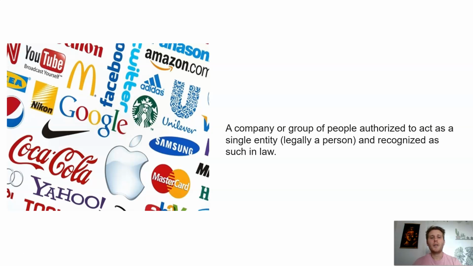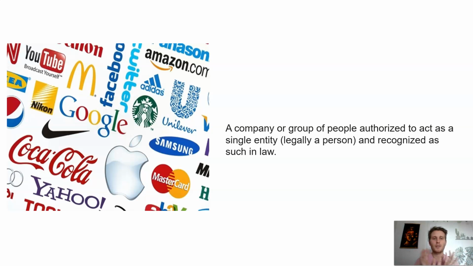The next word, a company or group of people authorized to act as a single entity and recognized as such in law. So big businesses like Google, Coca-Cola, Samsung, YouTube, these are all what? They are a group of people that are authorized to act as a single entity, as one group.